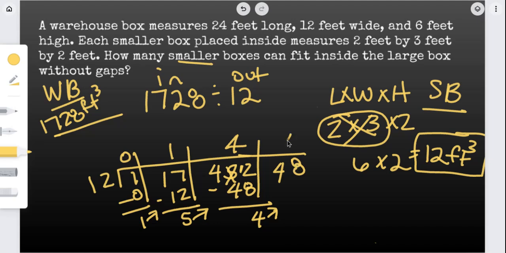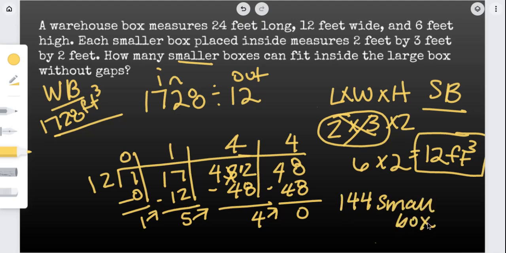I'm looking at 48, so again, I know 4 is going to work for me. And it goes in there evenly. So I do have 144, or 144 small boxes will fit.